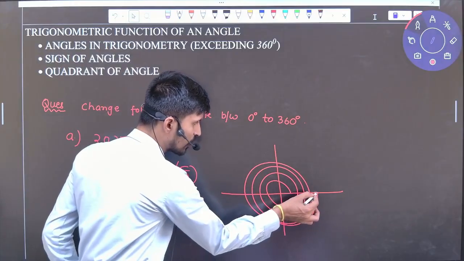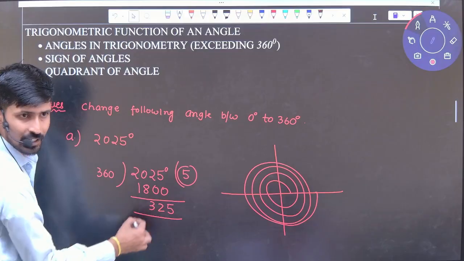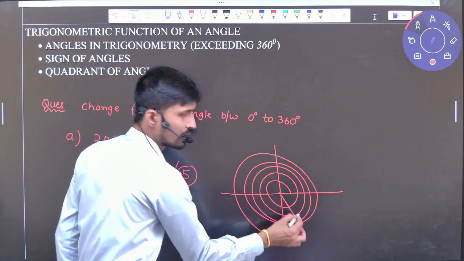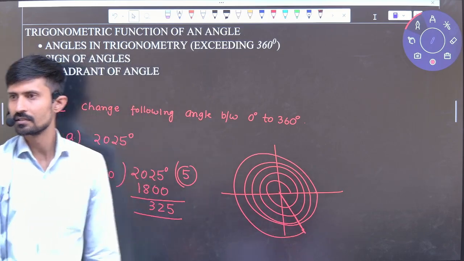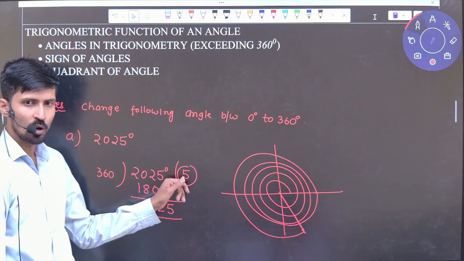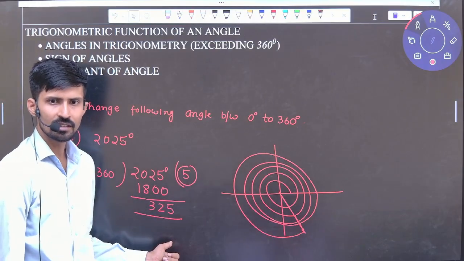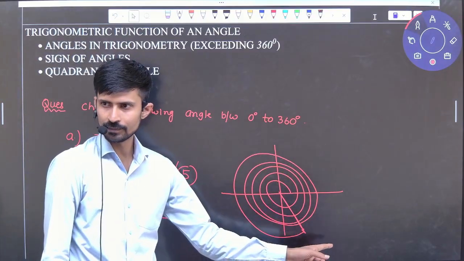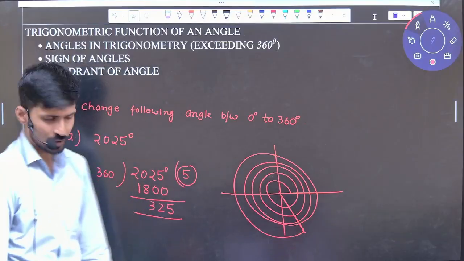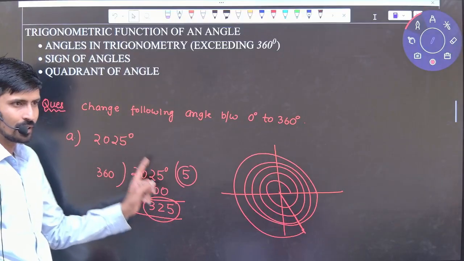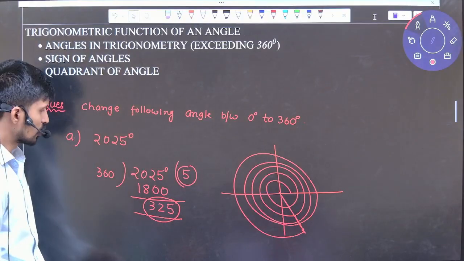Now from here you rotate the remainder, 225 degree, and we reach 2025 degree. So this is saying how many times you have to rotate, and the remainder is how much you rotate last from 0. Always remember, the remainder will tell you the angle between 0 and 360.